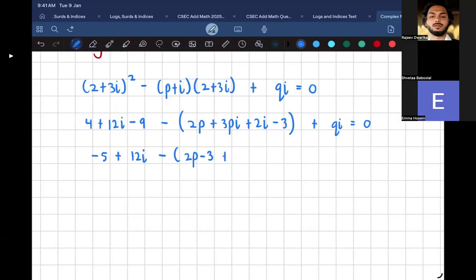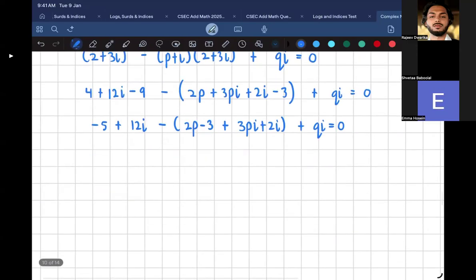And the imaginary part would be plus 3pi plus 2i, plus qi. You'll see where I'm going with this. So minus 5 plus 12i, that's going to give me minus 2p plus 3 minus 3pi minus 2i plus qi is equal to 0.